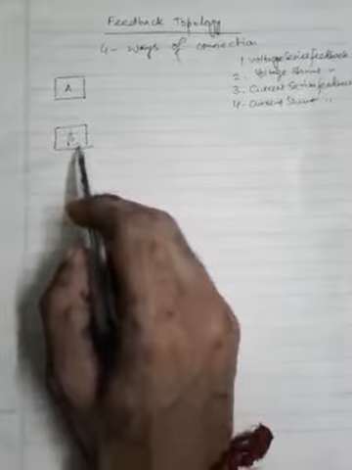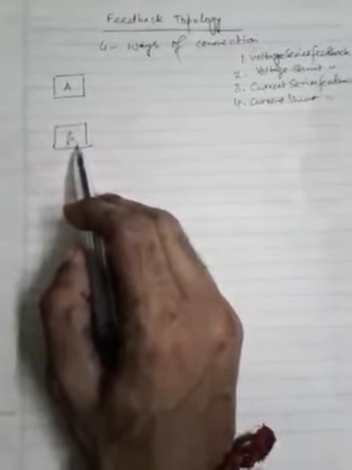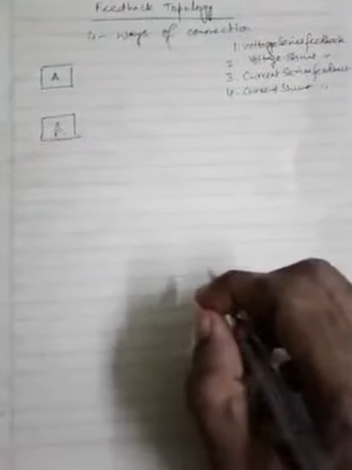Number three, current series feedback, and number four, current shunt feedback. So these are the names of four different topologies, or four different ways in which the connection between the internal basic amplifier having gain A and the feedback circuit having gain beta can be done.